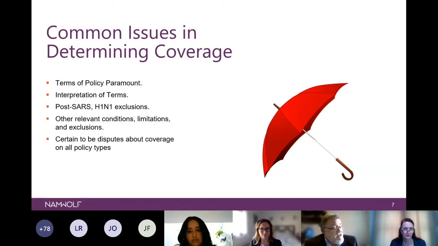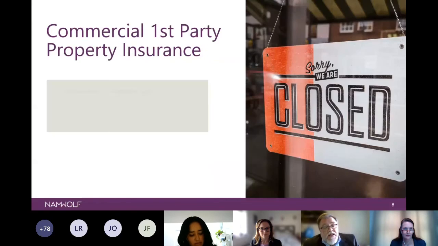That could be an important factual issue. So with all of this in mind, there's certain to be long-lasting coverage disputes.